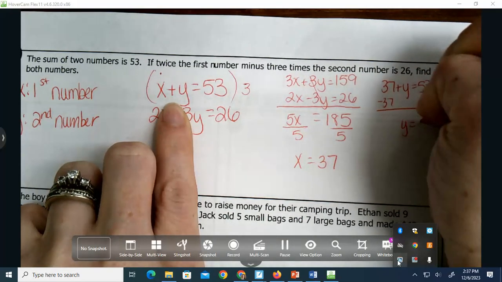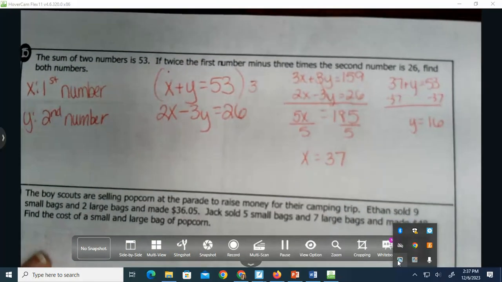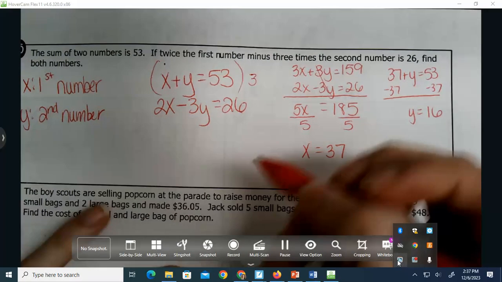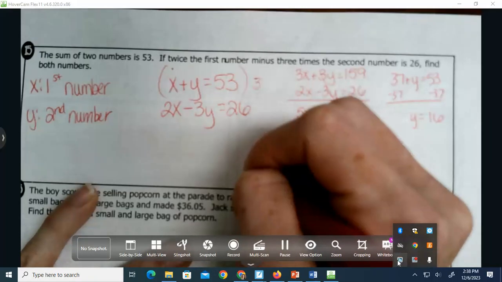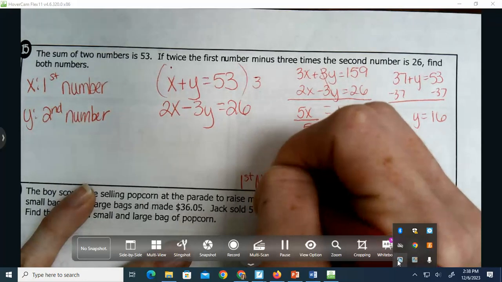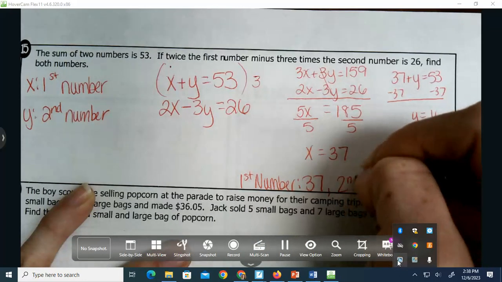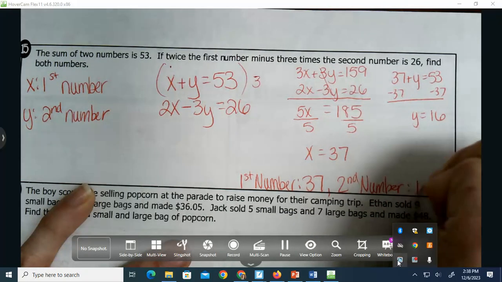So y equals 16. I'm not making you write a full sentence, but I don't just want an ordered pair, 37, 16. So, you could say the first number is 37, second number is 16.